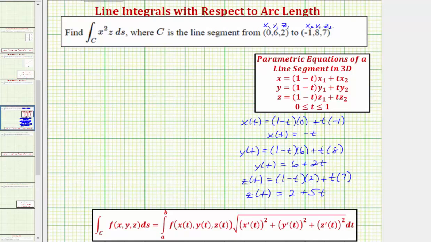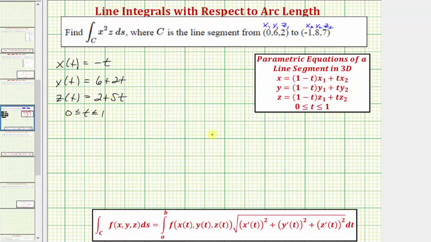So the parameterization of the curve C is x of t equals -t, y of t is equal to 6 plus 2t, z of t is equal to 2 plus 5t. And again, t is on the closed interval from 0 to 1.